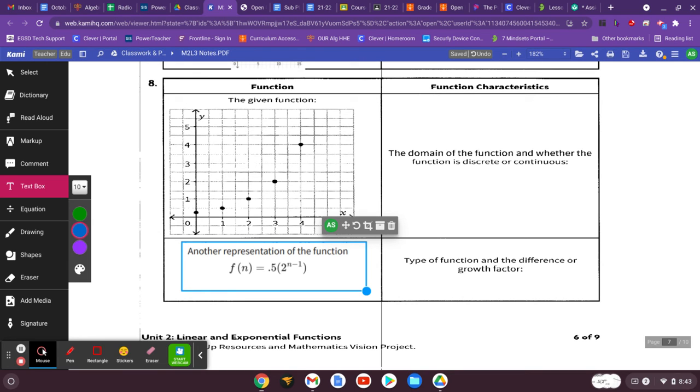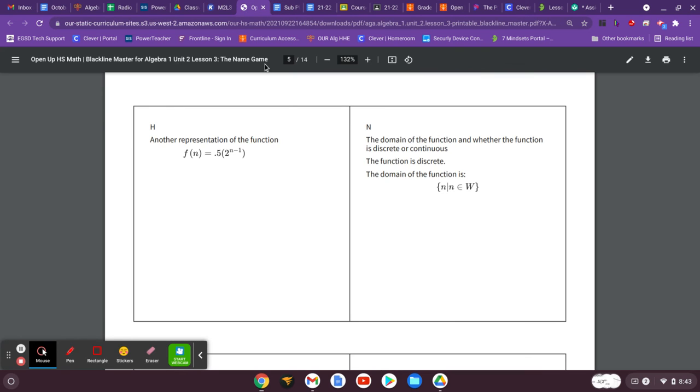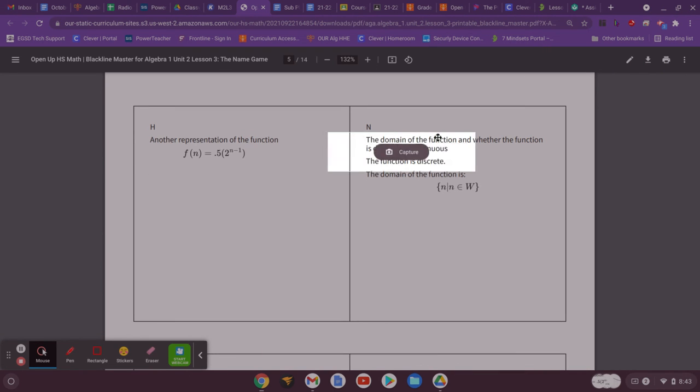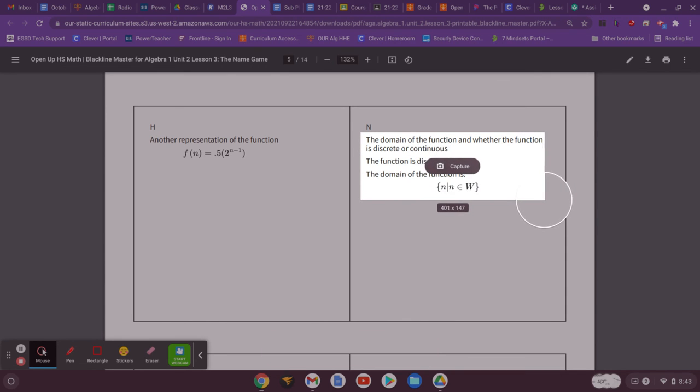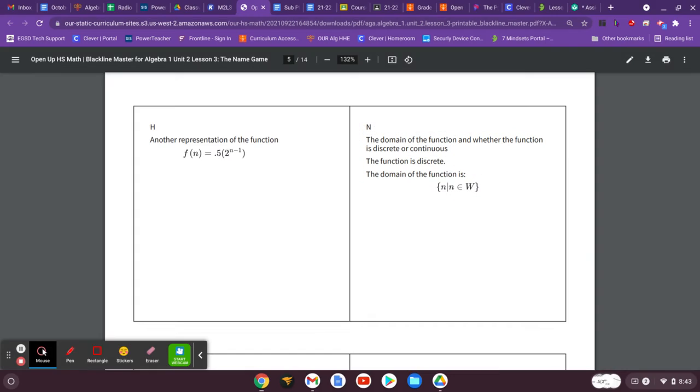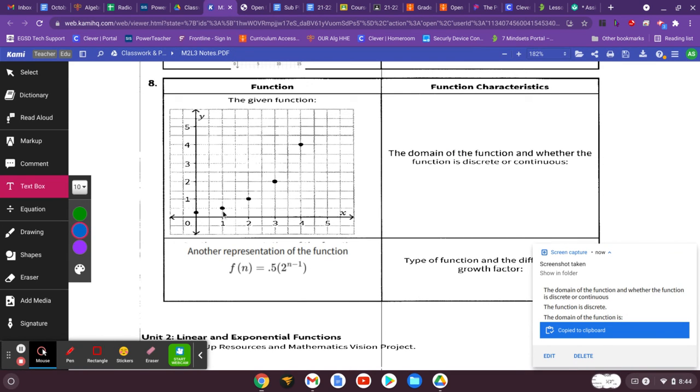We're using W to represent our set of numbers for this one. So we're going to go with it because it's not all natural numbers because we have that 0.5 in there, but it's whole otherwise.